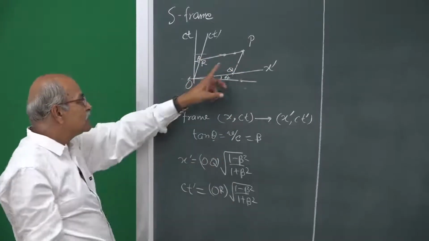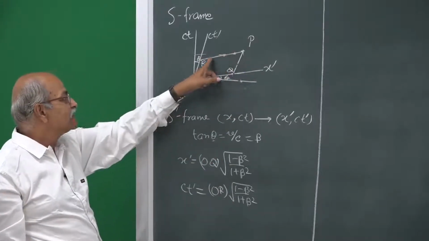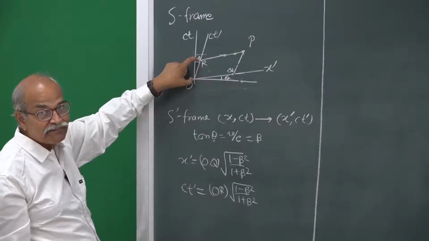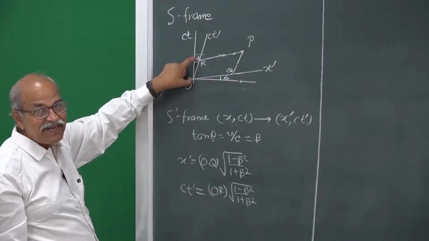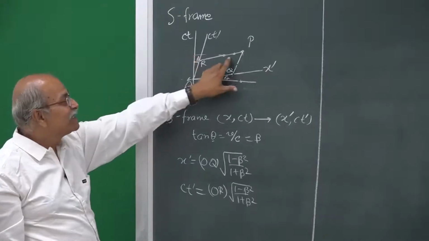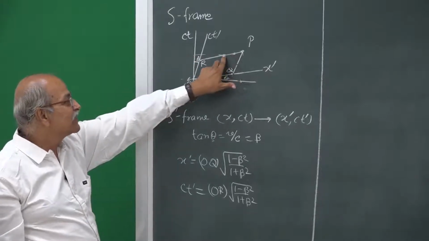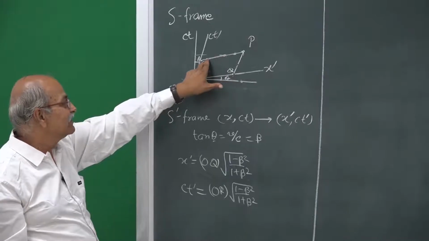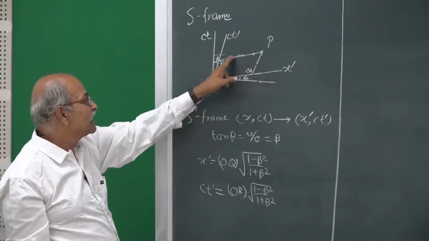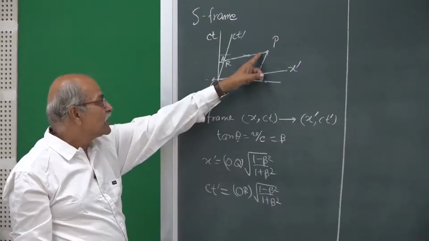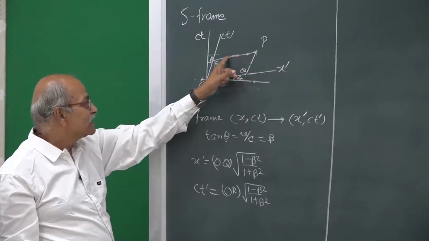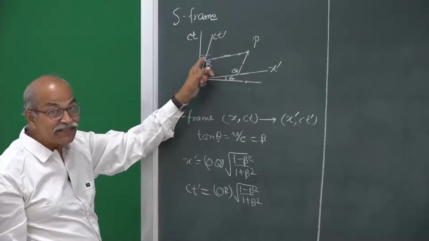So, all these events have the same t prime; they are simultaneous in S prime. These are the events represented by points like this, like this, like this. If you draw this line which is parallel to the x prime line, then all points on this line represent events which are simultaneous.